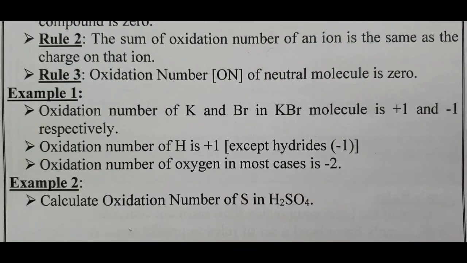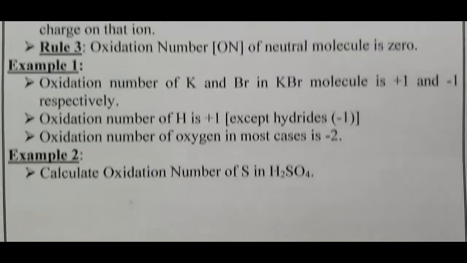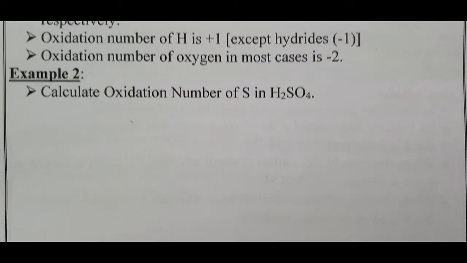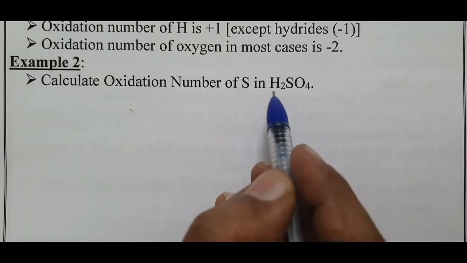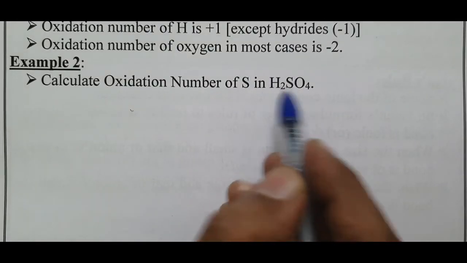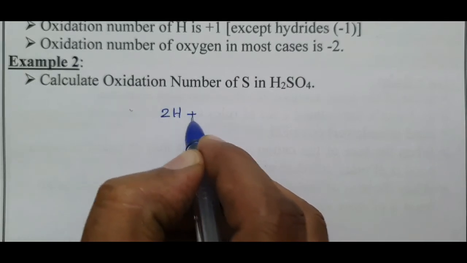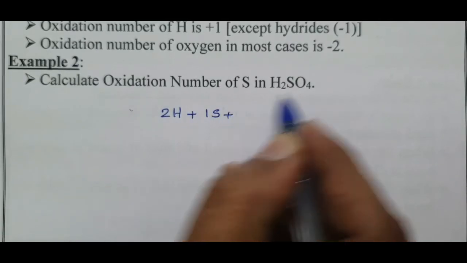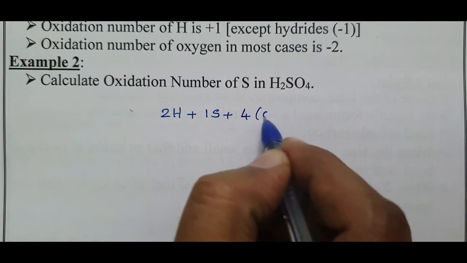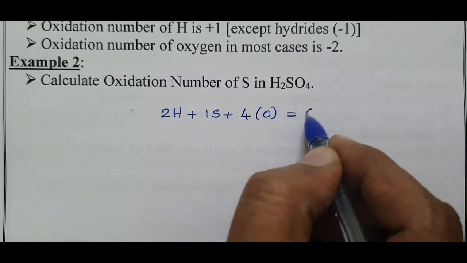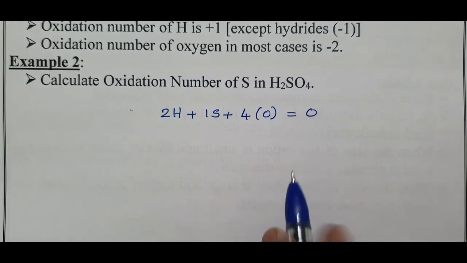Now we are going to calculate the oxidation number of sulfur in sulfuric acid. Sulfuric acid is a neutral molecule. First, separate the atoms present in sulfuric acid. It consists of 2 hydrogen atoms and 1 sulfur atom. How many oxygen atoms? 4 oxygen atoms in a molecule. The sum of the oxidation states is equal to 0.